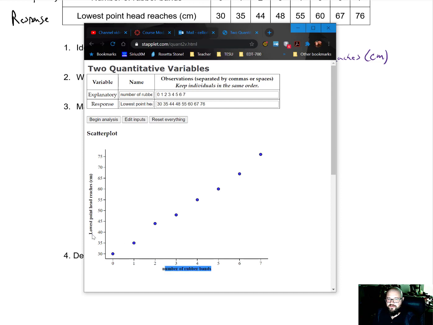And then the lowest point the head reaches in centimeters is your response. It's your y-axis. So your explanatory is on your x-axis and your response is on your y. So now, all we had to do was plot those points from 0, 31, 35, and so forth, and it gave us this scatter plot.